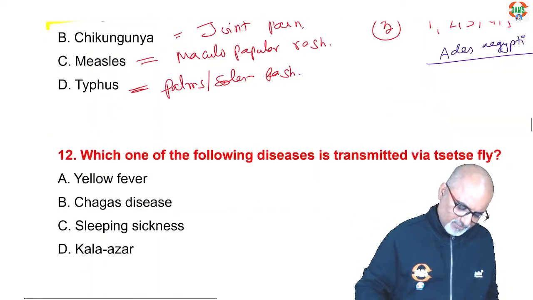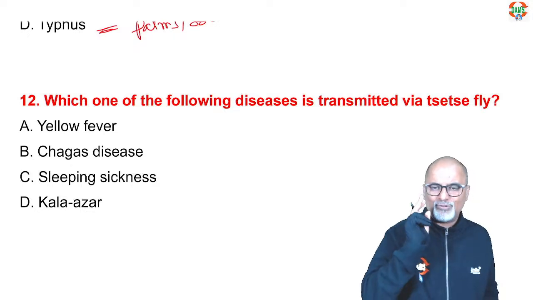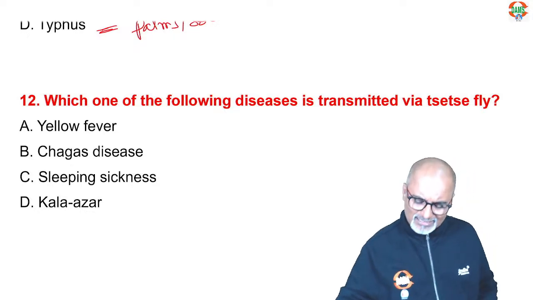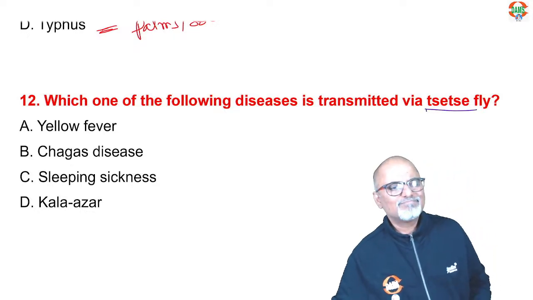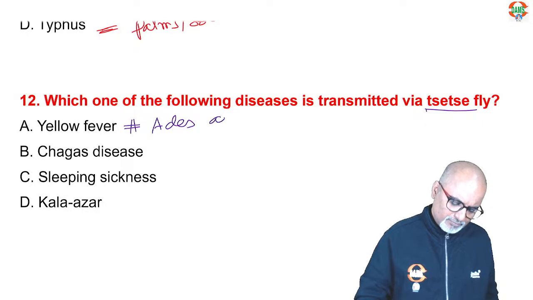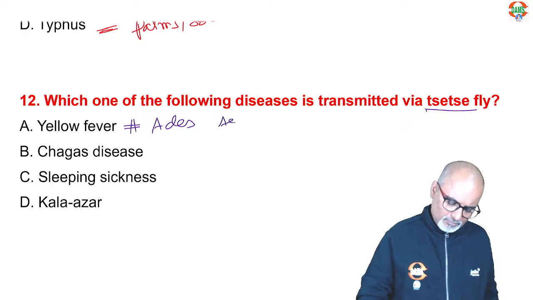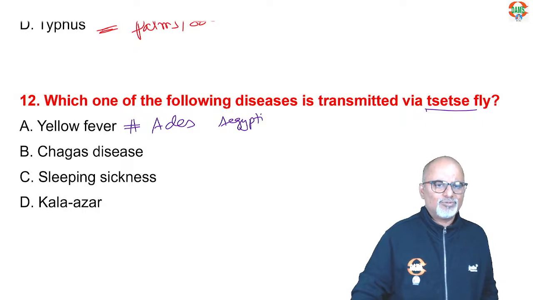Next is, which of the following diseases is transmitted by tsetse fly? You must know the vectors, my dear. Okay, we'll read one by one. Yellow fever by Aedes aegypti mosquito.